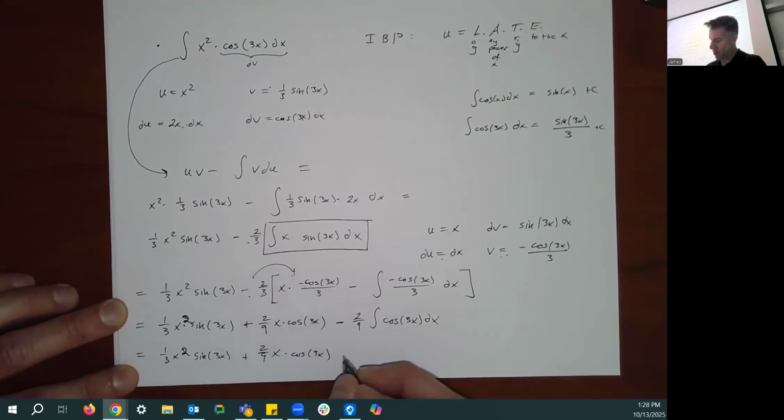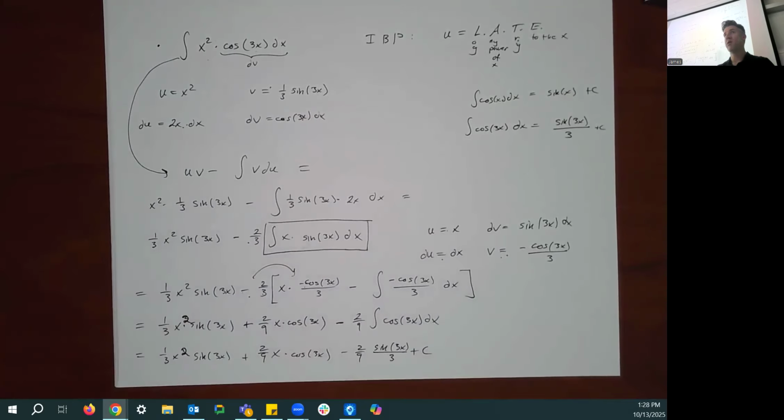And finally, minus 2/9 times the antiderivative of cosine of 3x, which is sine of 3x over 3, plus c. So we're just chipping away at this integral, and every time we do an integration by parts, we make that integral a little bit easier to tackle until eventually it's easy enough that we can actually find its antiderivative.